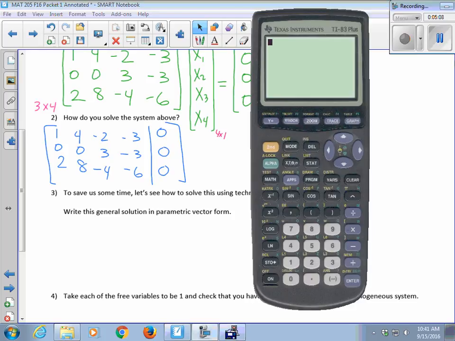Okay, so on your TI, there is a matrix button. It's either a second function or it might be its own button, depending on what version you have. But it should say matrix. So for me, it's a second function, so I hit second matrix. I'm going to edit matrix A. So I cursor over to edit, choose A, and then the first thing it asks for is the dimensions of the matrix you want to input. So this matrix is 3 rows by 5 columns.